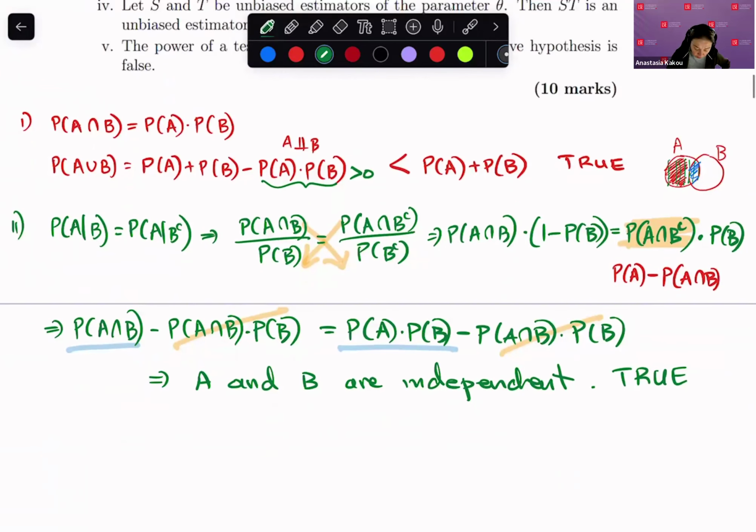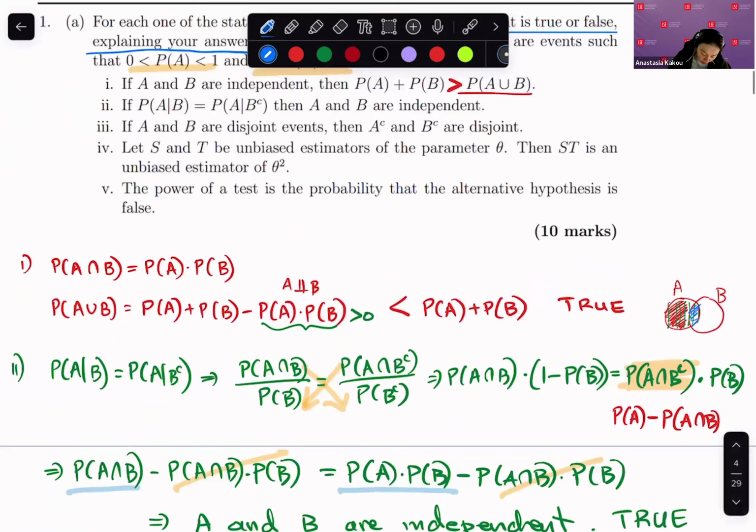Now, very quickly, I'm going to go through the third, which is this one. If A and B are disjoint events, then A complement and B complement are disjoint.